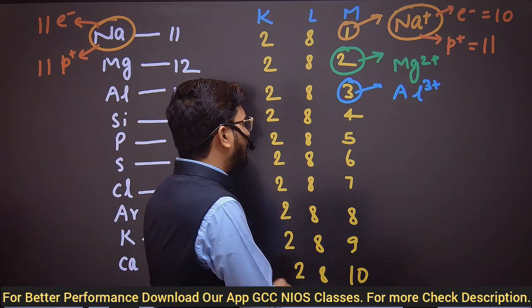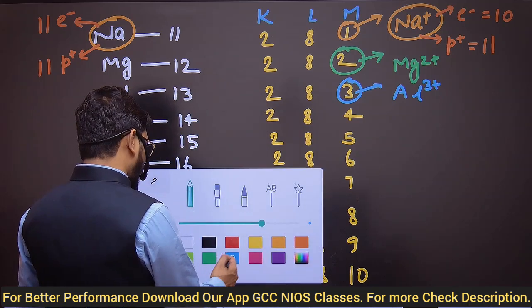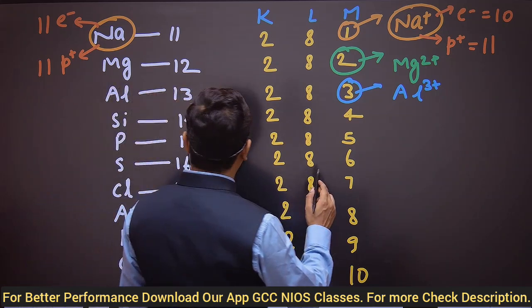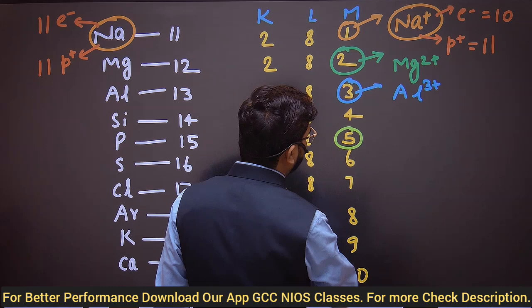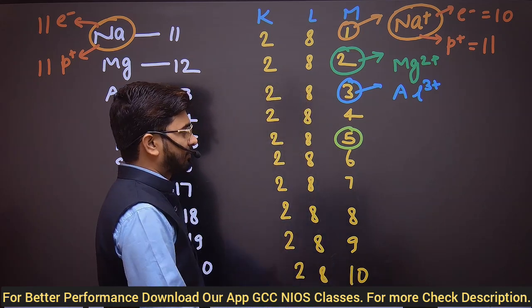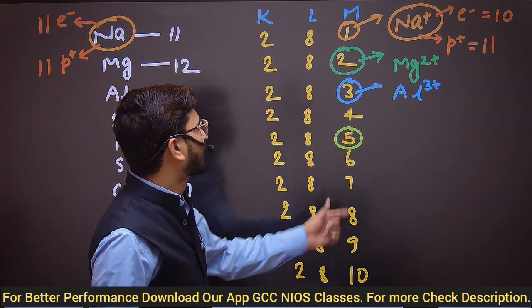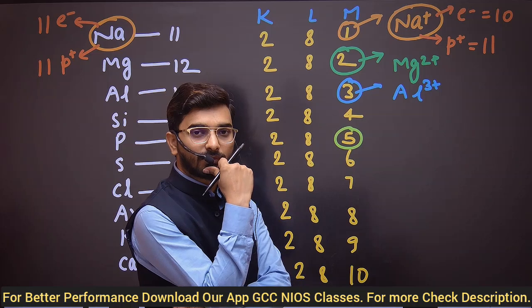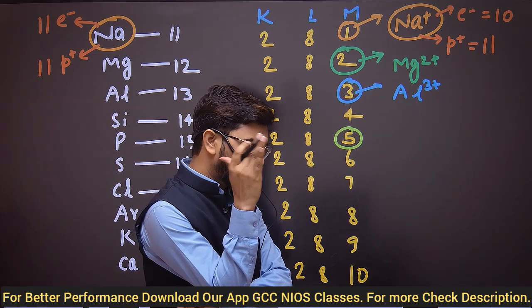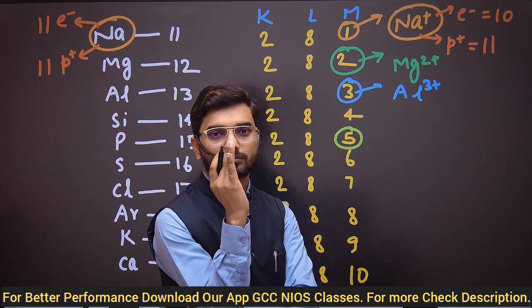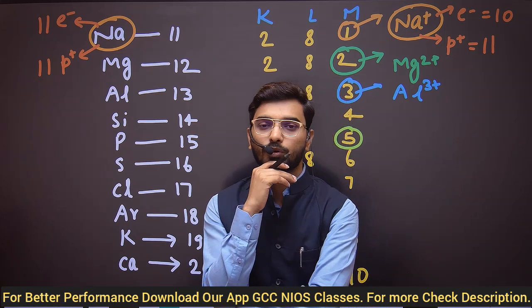In the case of phosphorus we see here that it has 5 electrons in the last cell, last orbit, and it is allowed maximum 3 electrons, for donor and acceptor both.